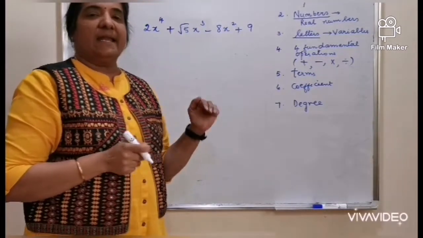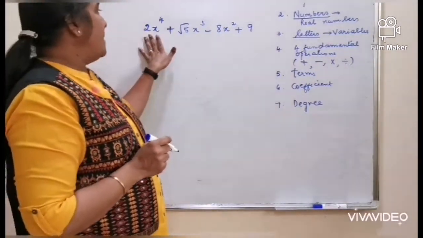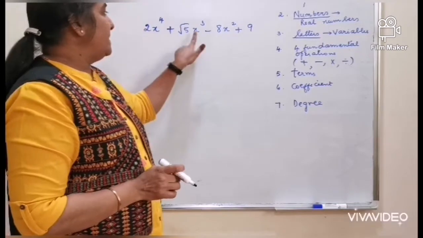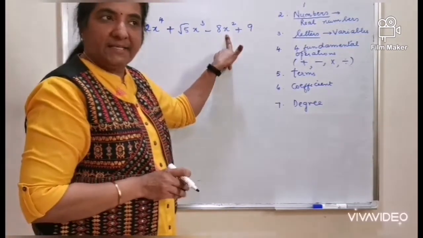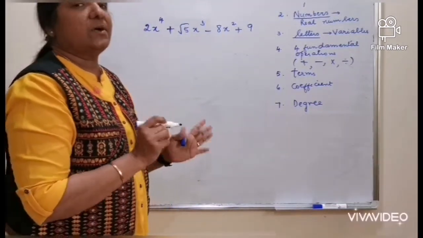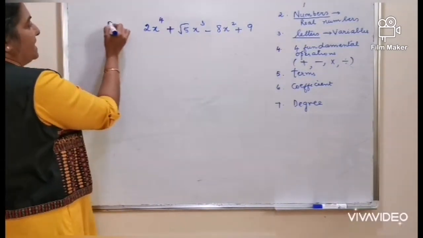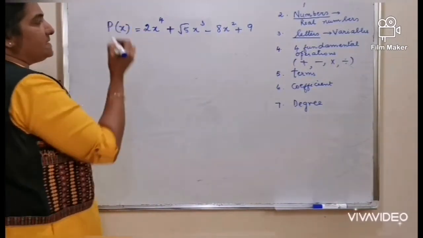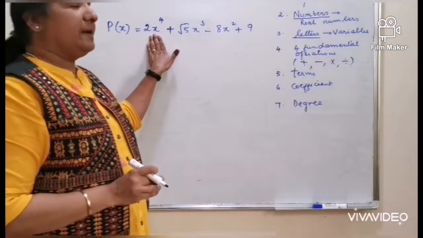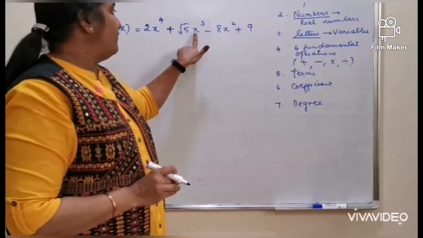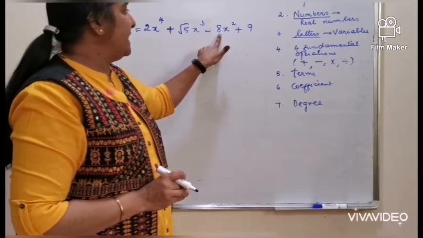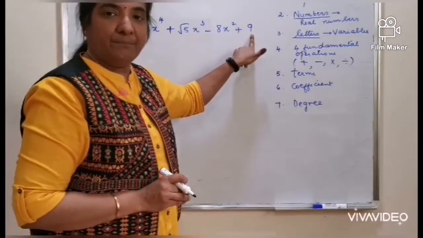This is an expression. You have only one variable x and you are calling that expression p of x is equal to 2x to the power of 4 plus root 5 x cubed minus 8x squared plus 9.